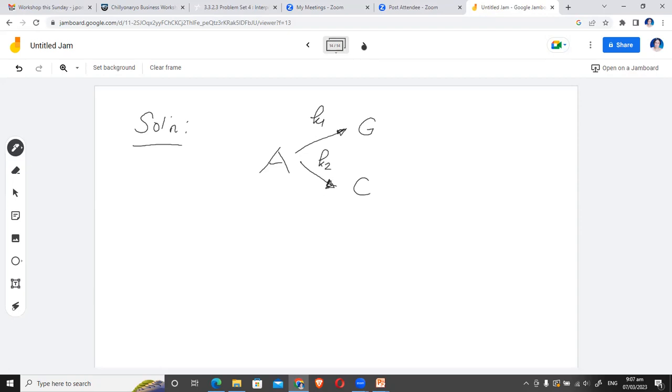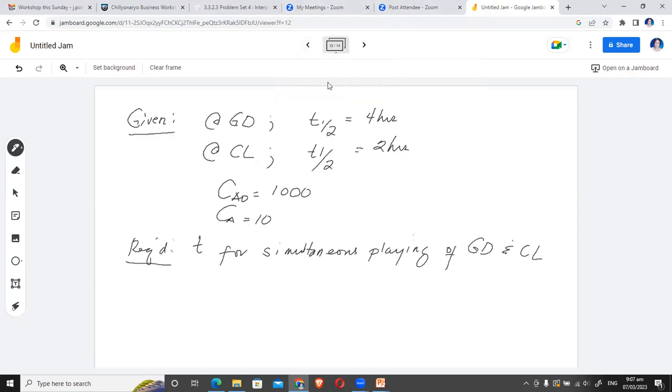Then how are you going to use these two particular pieces of information given in the problem? The two half-lives: half-life of his money at galloping dominoes is 4, half-life of his money in Chak-a-Lak is 2. How are you going to make use of these?